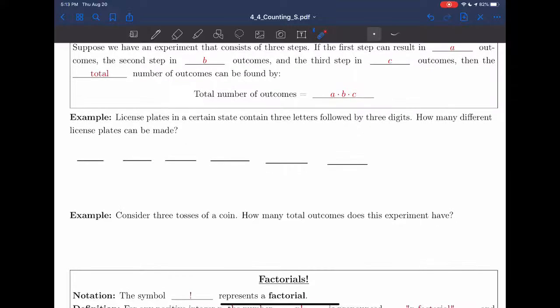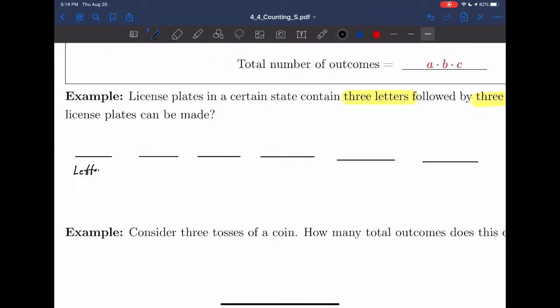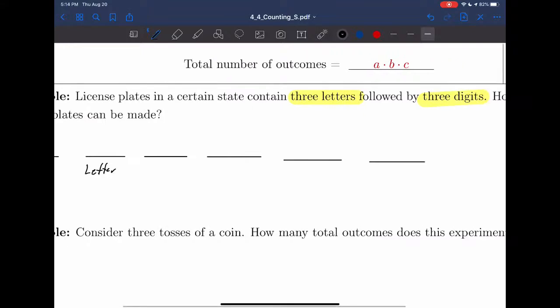For example, license plate numbers contain 3 letters and 3 digits for a specific state. And we want to know how many different ways we could make a license plate. We know we have to multiply 6 numbers, and the first 3 are going to be letters, and the last 3 are going to be digits.